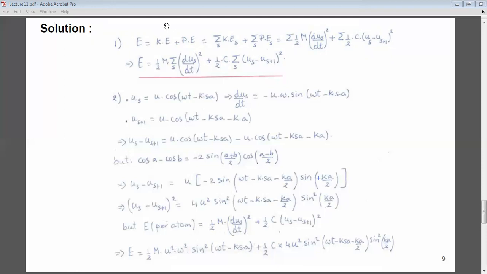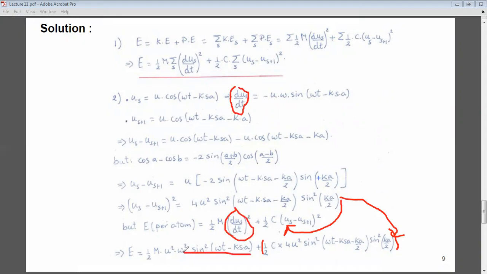So I plug this thing over here, and it gave me this element. And I plugged dus by dt here, and I did the squaring, and it gave me this element. Okay, let's now continue.